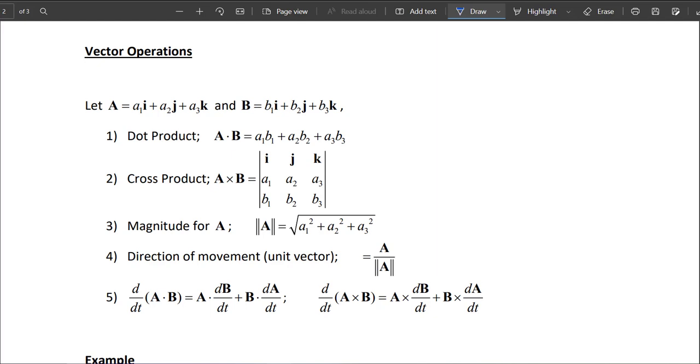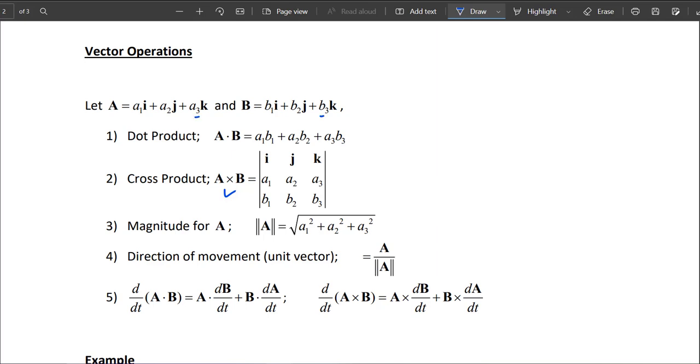The first one is dot product, A dot B. The second one is cross product. These two are multiplication, but for vectors we have two kinds of product. For dot product, we just multiply the components of the vectors: A1 times B1 plus A2 times B2 plus A3 times B3.